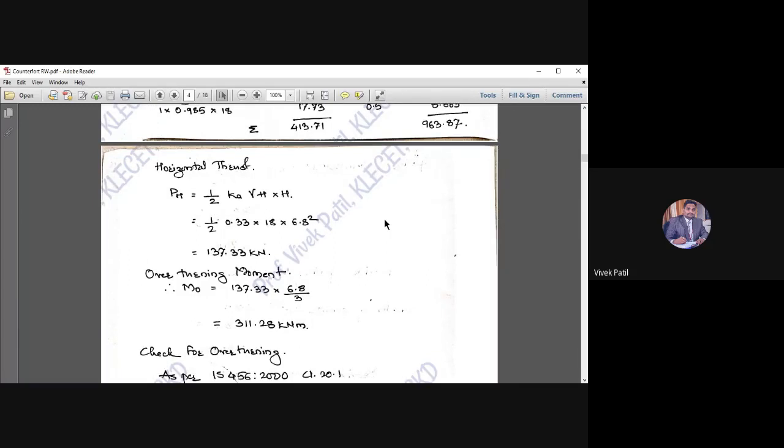As per clause number 20.1 of IS 456, who will be reading for me? It is on page number 33, IS 456.